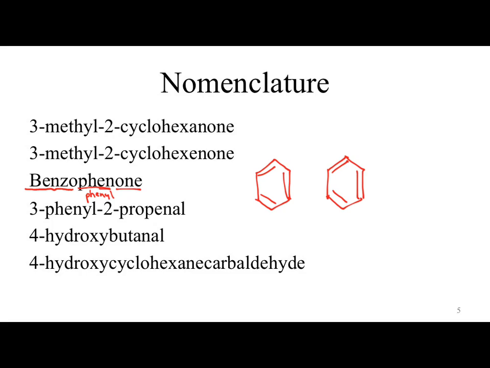And how are they connected? Phenyl, so that's one of the common names for the EAS chapter, our aromatic chapter. A phenyl is an aromatic ring as a substituent on something else. This is an example. I won't ask this on your exam.